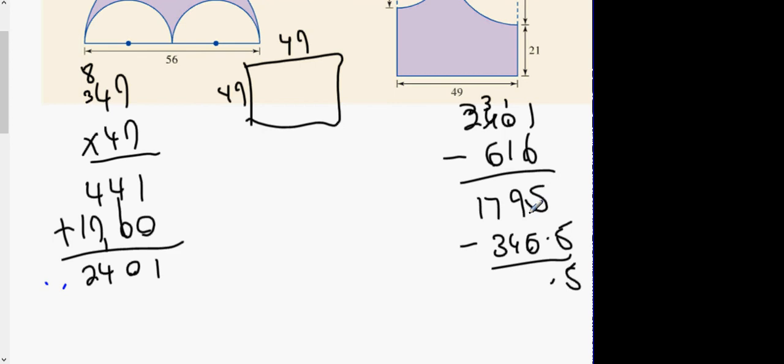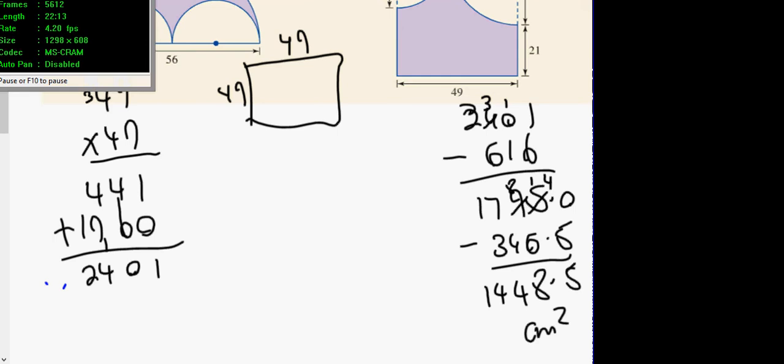Borrow the 1. 9. Oh, sorry, that's down to 4. Yeah. Borrow the 1. Brings down to 8. 14 minus 6. 8. 4 from 8. 4. So the answer is 1448.5 centimeters squared. Okay, guys.